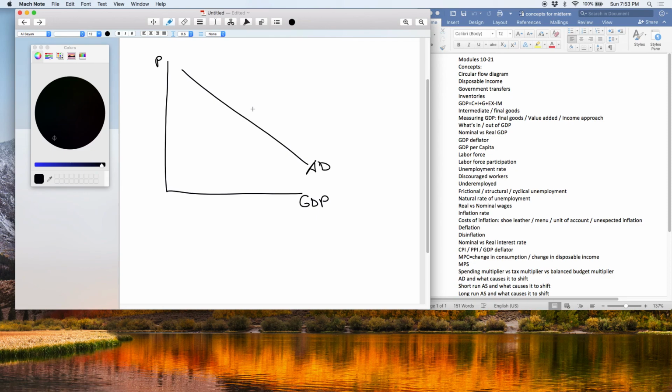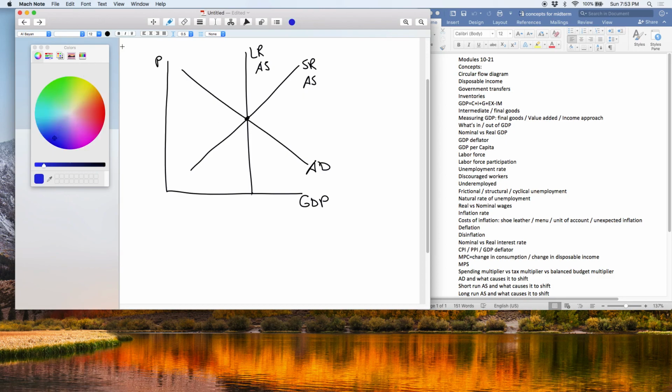Here's the aggregate demand curve. Here's the long run aggregate supply curve. Here's the short run aggregate supply curve. So you could have a situation where what kicks you out of the long run equilibrium is a movement in the supply curve.